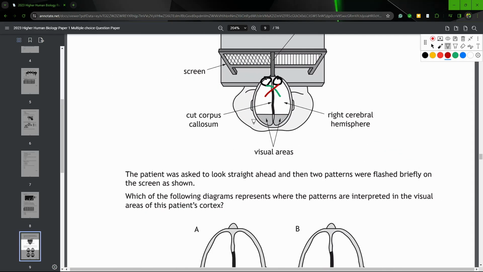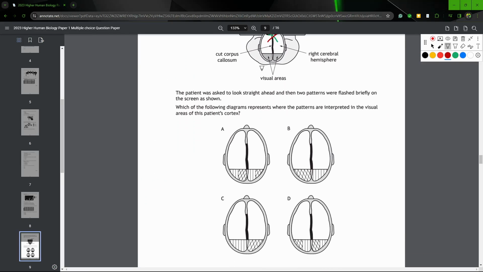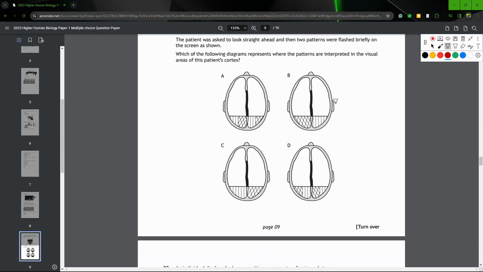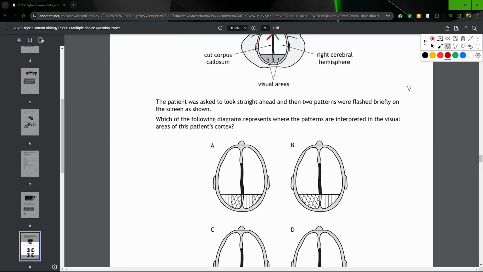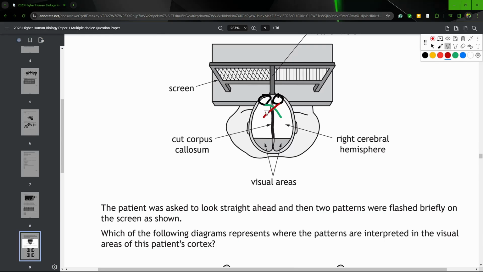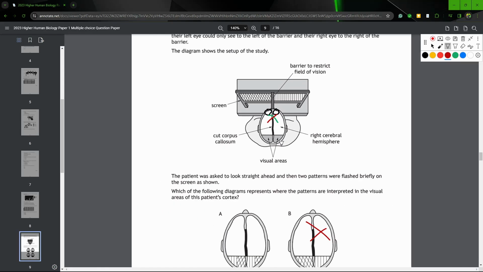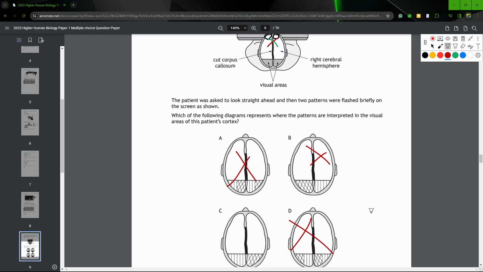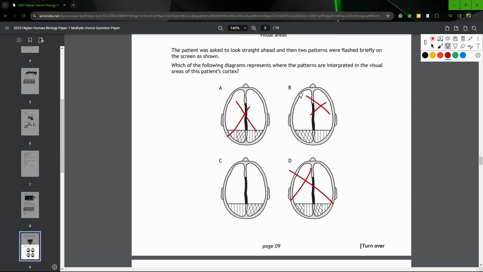So that means this pattern must be displaying on the right side, and the straight line pattern must be displaying on the left side. So already we can get rid of that. B's complete garbage. And remember, each side only processes information from one eye. So A and D, where the sides are processing both, are junk because they just receive information from one eye. So it must be C.